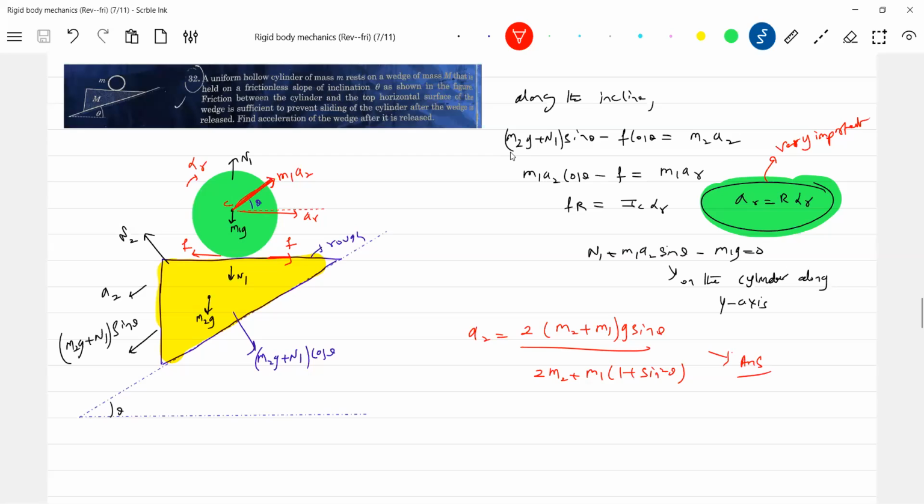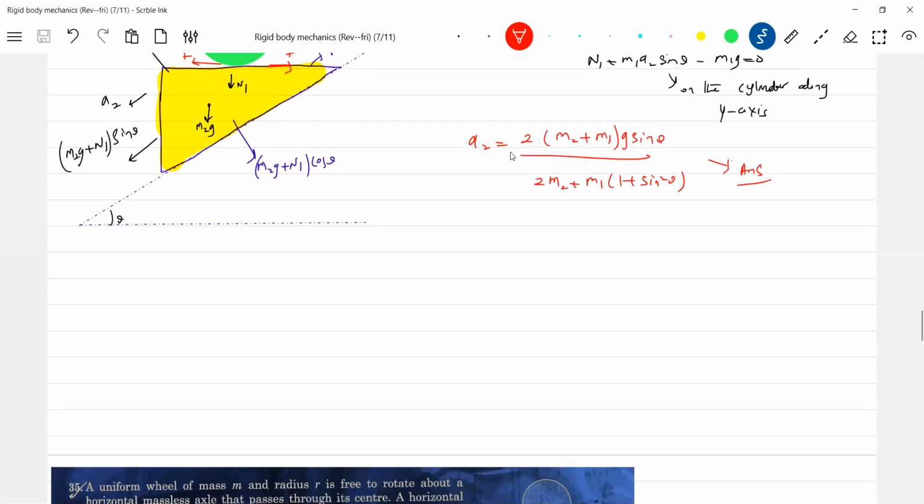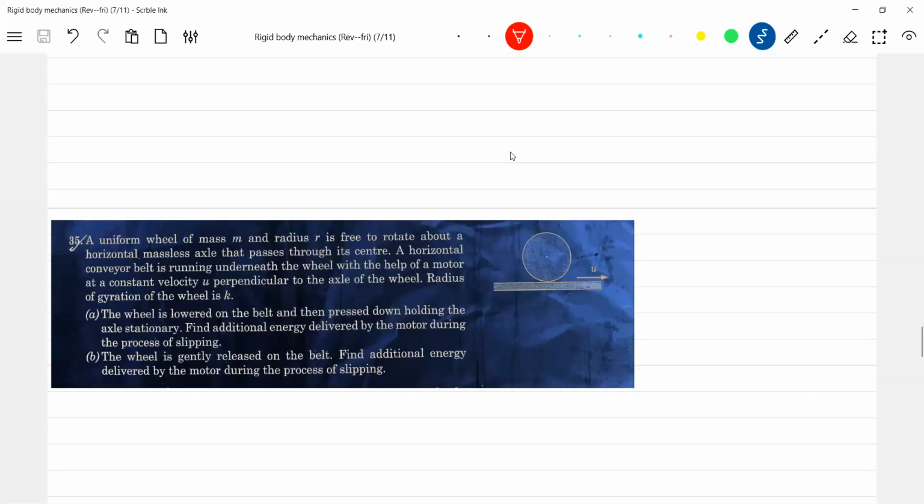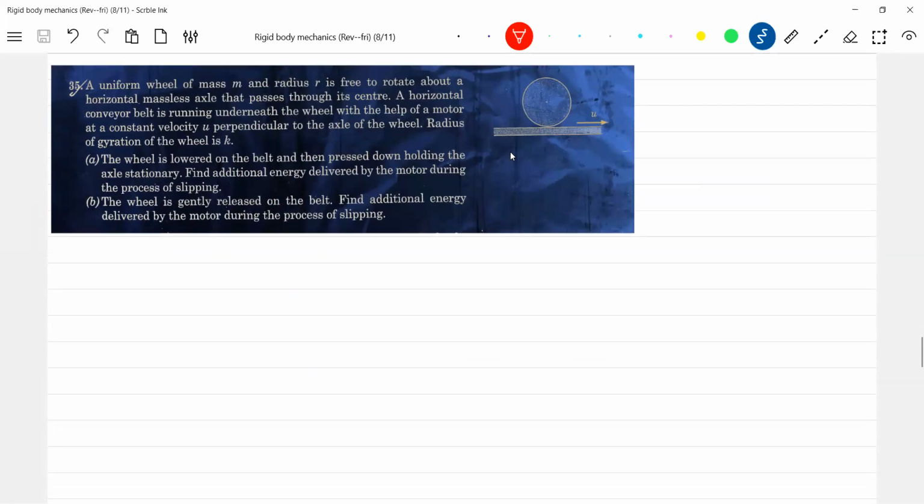If you want to try it, very lengthy. Doing it in wedge frame, the motion of the cylinder will be much easier. I will scroll down. Very good problem. I brought it.